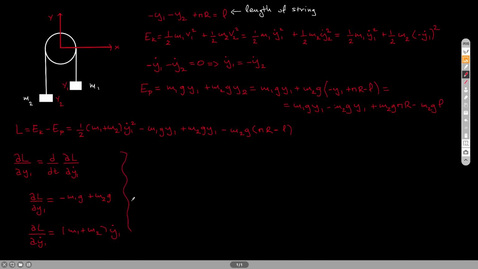Now using all of those three, what I get is (m2 minus m1) times g is equal to d over dt of (m1 plus m2) times y1 dot.